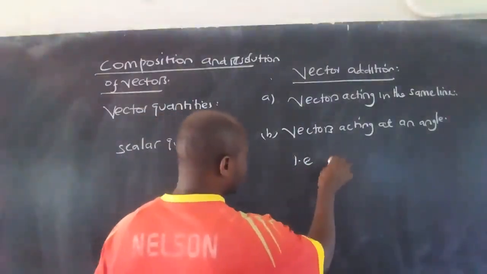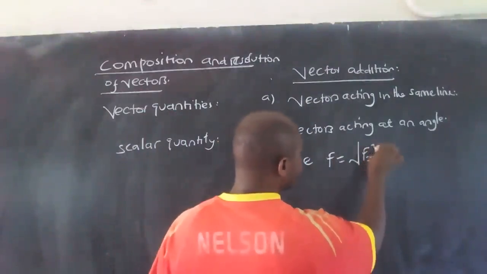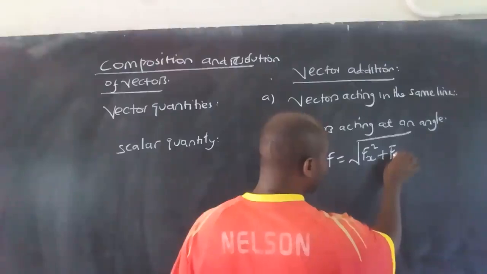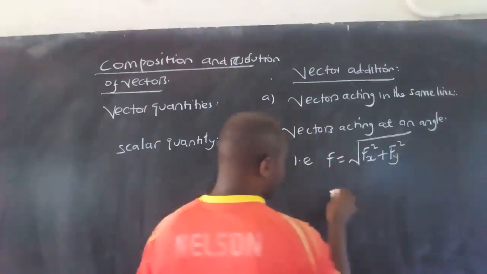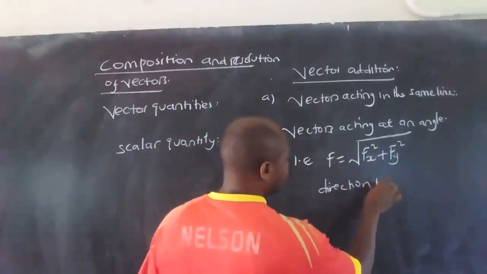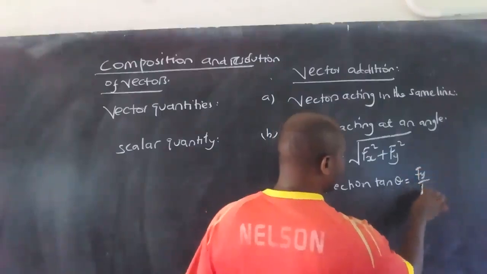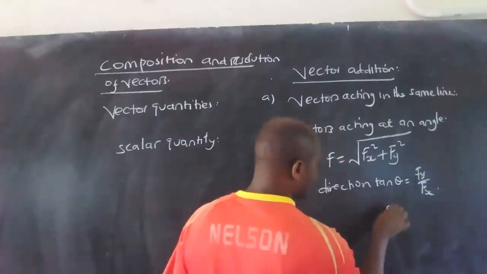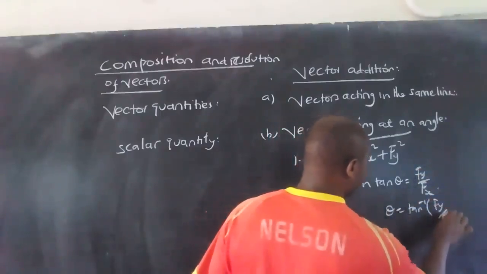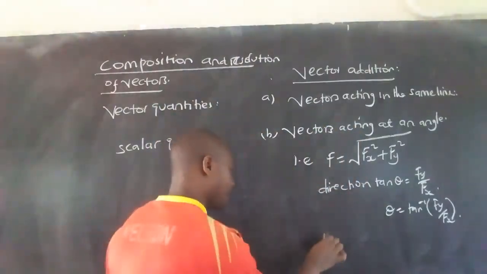That is, F is the square root of the horizontal component squared plus the vertical component squared. The direction, tan theta, is obtained by getting Fy over Fx. So theta is equal to tan inverse of Fy over Fx.